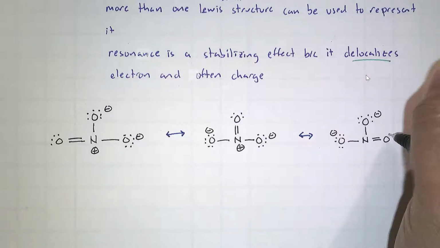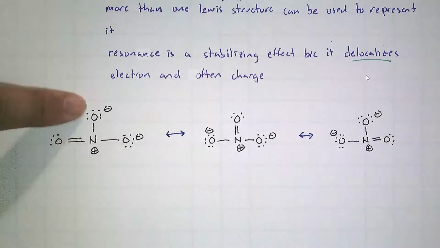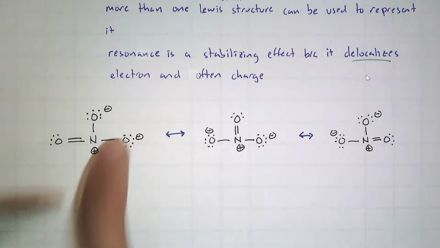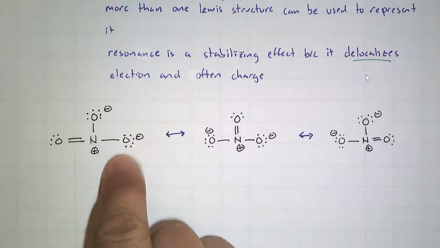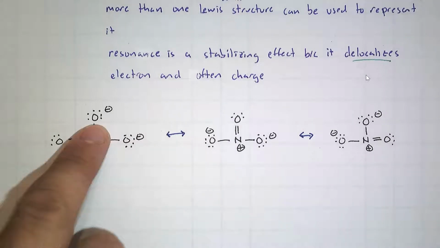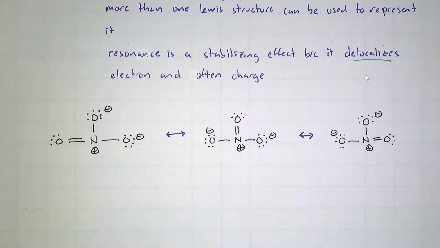But if that is the case, then that means that this oxygen is always negatively charged, and this oxygen is always negatively charged. If all I'm doing is rotating the molecule to get these different drawings, wouldn't that charge follow this oxygen as we rotate the molecule?